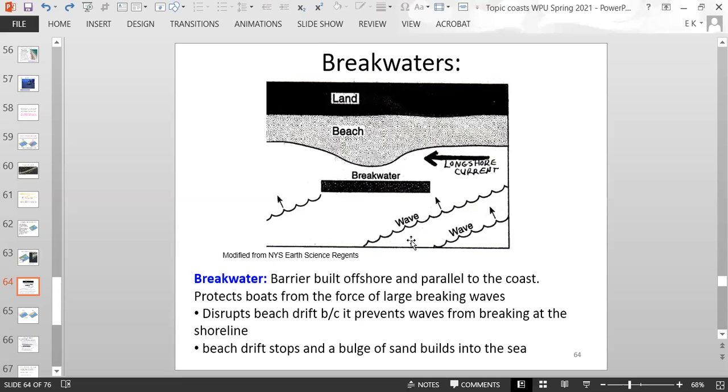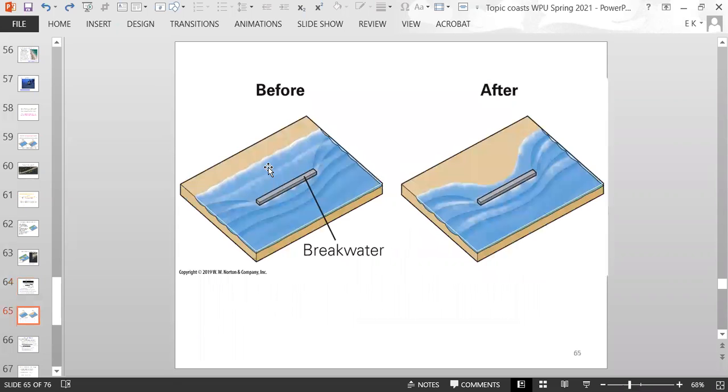But because you're not having the waves hit the sand, you're disrupting the formation of longshore current. So you're gonna get sand building up behind the breakwater. You get this bulge here. So in order to keep using this breakwater, you'll have to dredge out that sand bulge. Okay, so here's your breakwater, and here is your bulge. So then you have to dredge that sand out in order to still have deep water so that boats can go there.